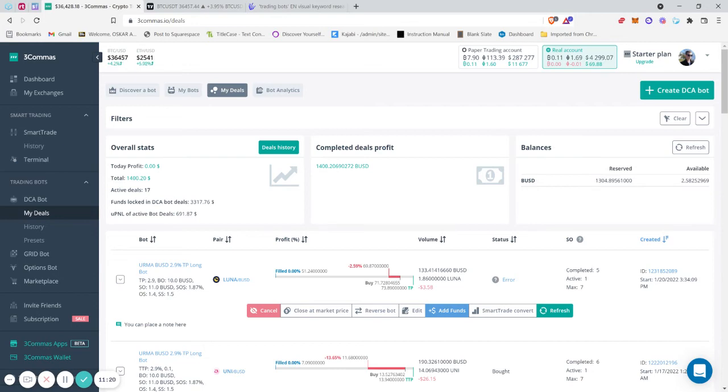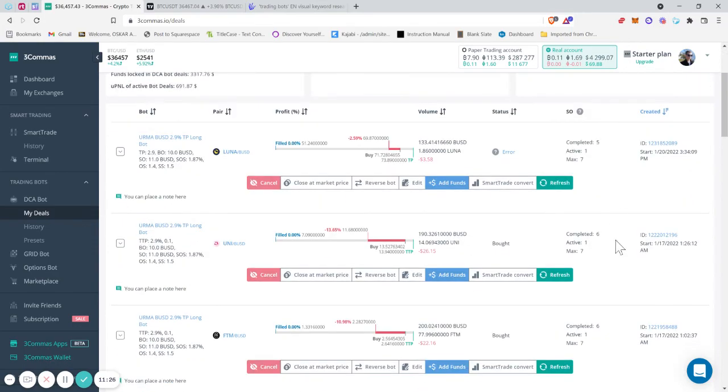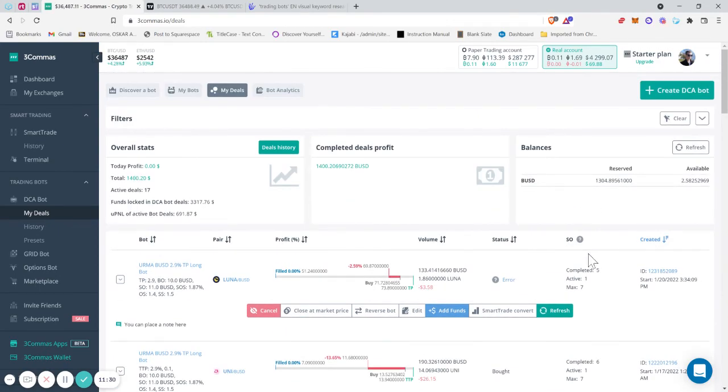What does that mean? That means the maximum that a bot can use, for example, if it filled a maximum of seven safety orders, so the bot buying 7 times as the price goes down, would cost about $300.